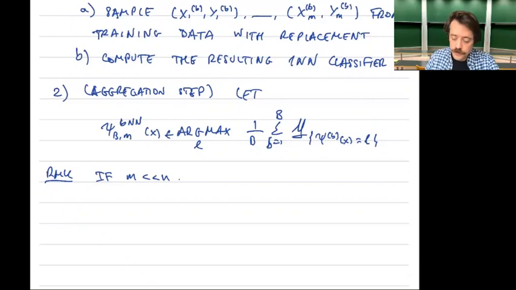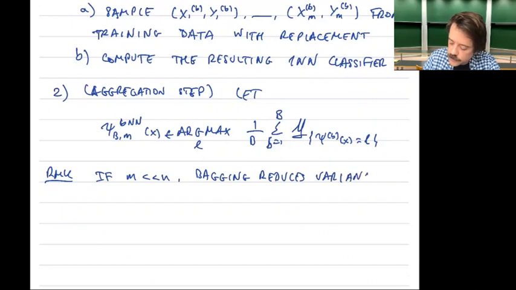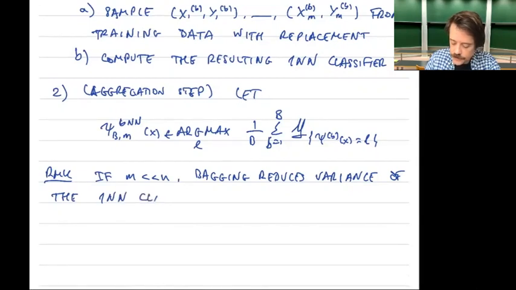Then bagging in this case reduces the variance, let's say directly, of the one nearest neighbor classifier considerably.